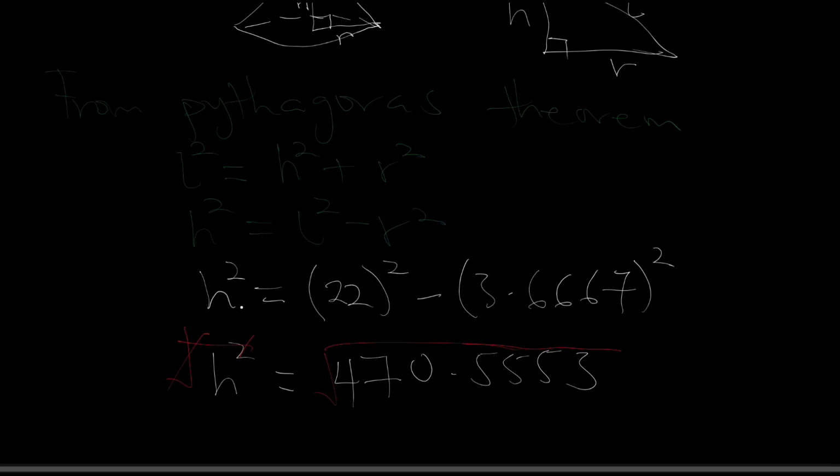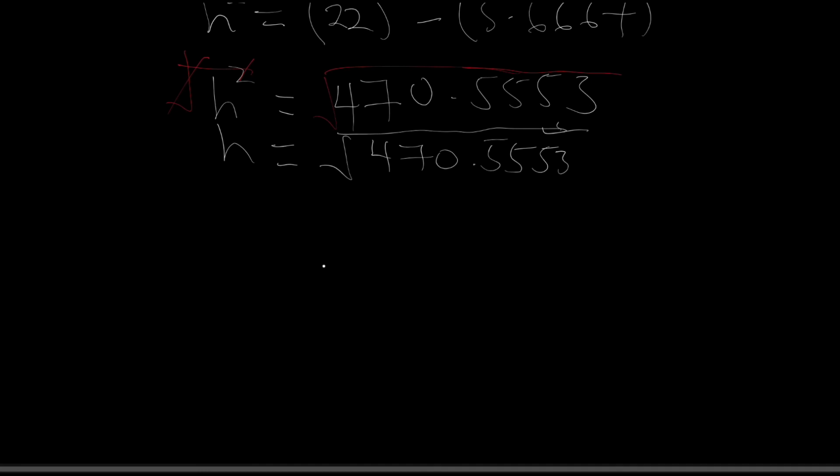So our h becomes the square root of 470.553. When we punch this on our calculators, our h should be equal to 21.6923.